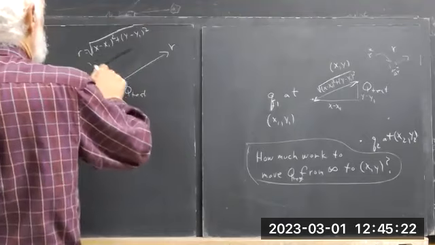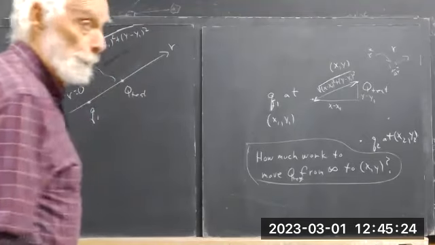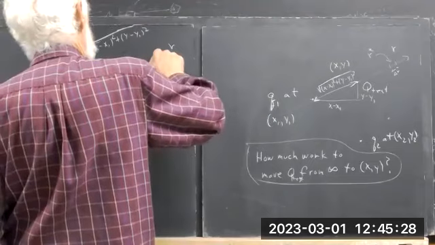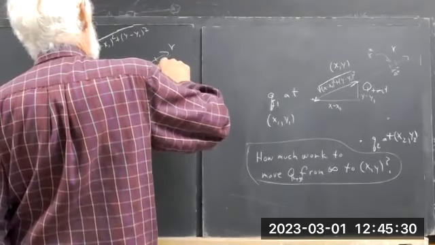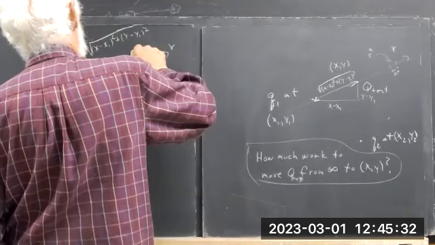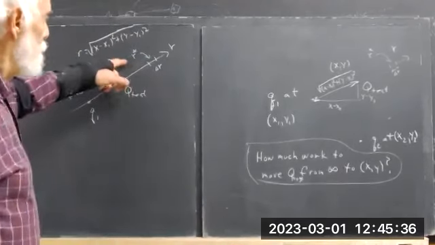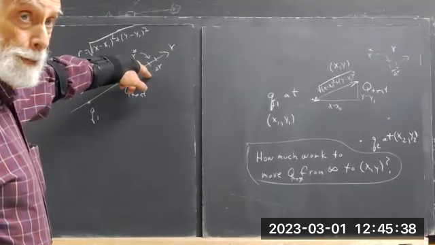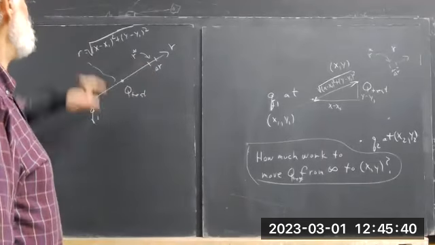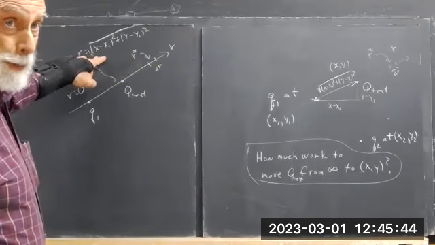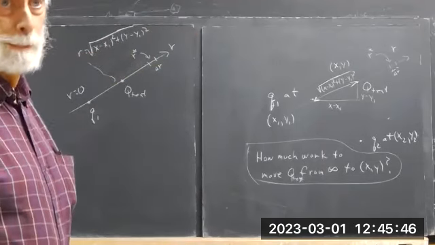Okay. That's at this point. Now we take this interval delta R. We've got some coordinate R star here, somewhere between infinity and the square root of x minus x1 squared plus y minus y1 squared. Okay.